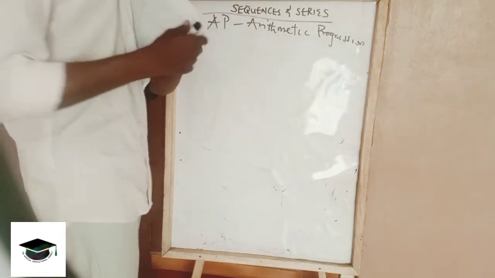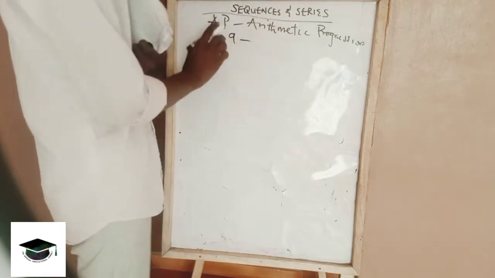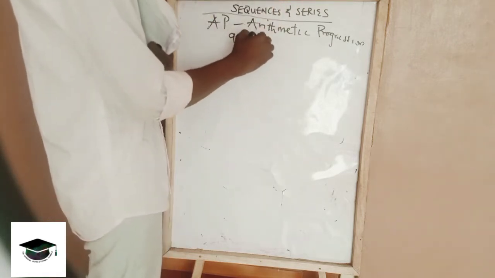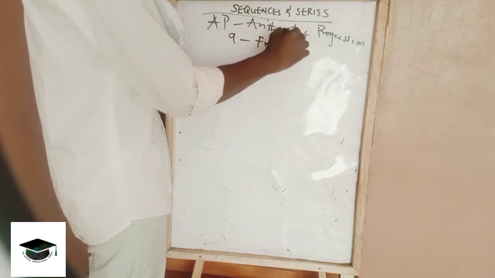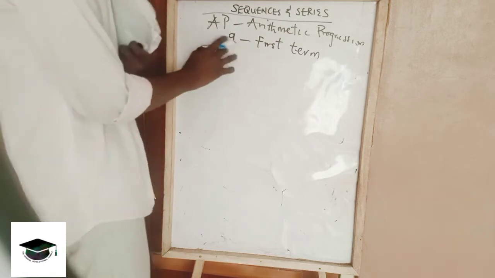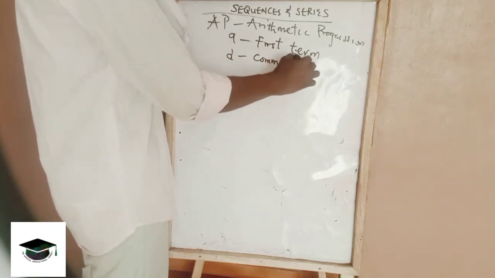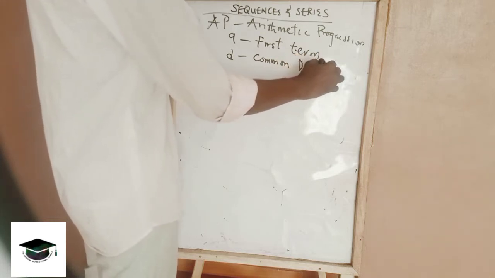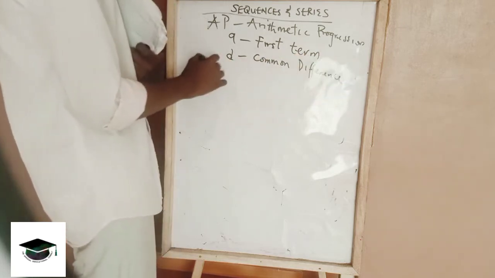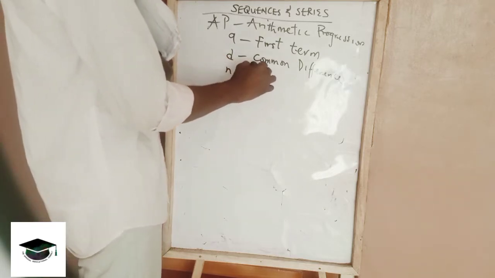So firstly, I want to let you know there are some parameters that you need to know. Whenever you see A, this means the first term. D means common difference. Then we have n, that's the number of terms.